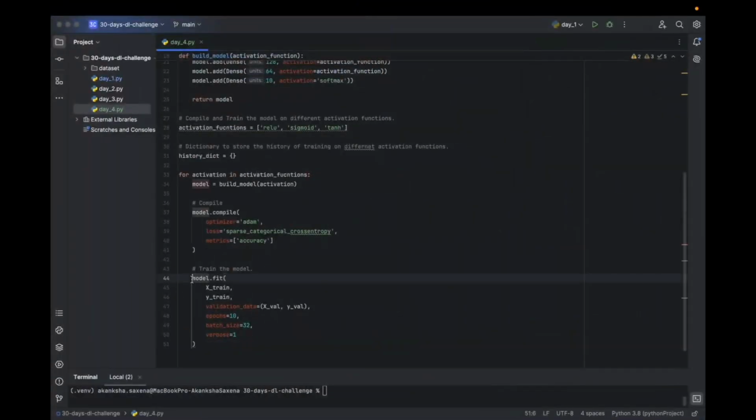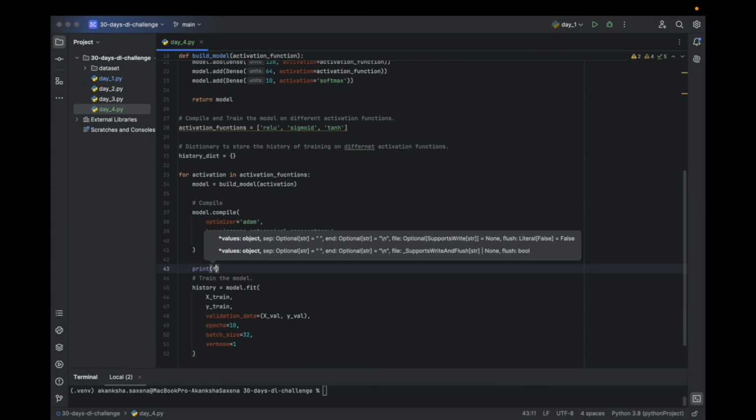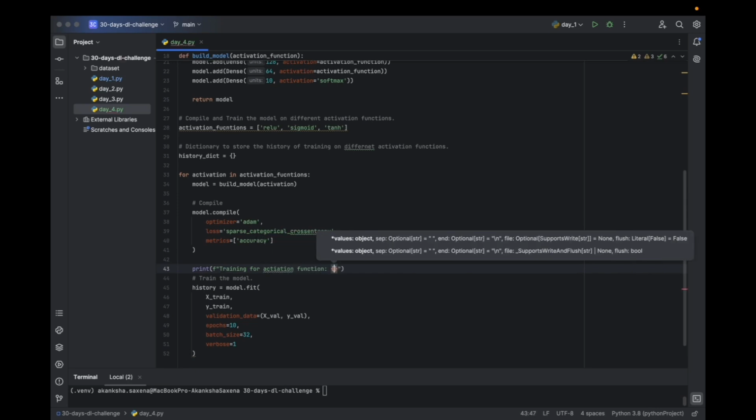Yes. Once done, we need to store this training in this history variable. Here we need to pass for which activation function we are training. Training for activation function, activation, not this activation, right?